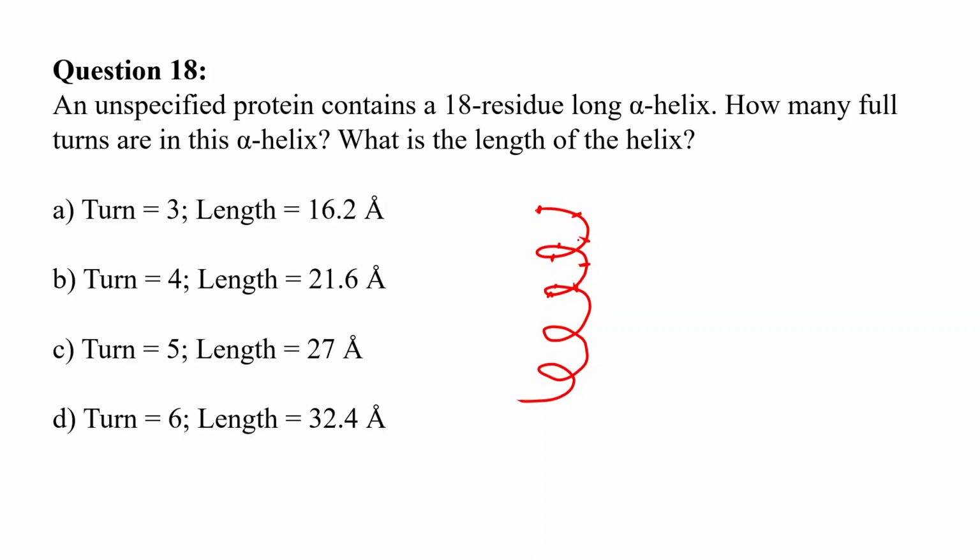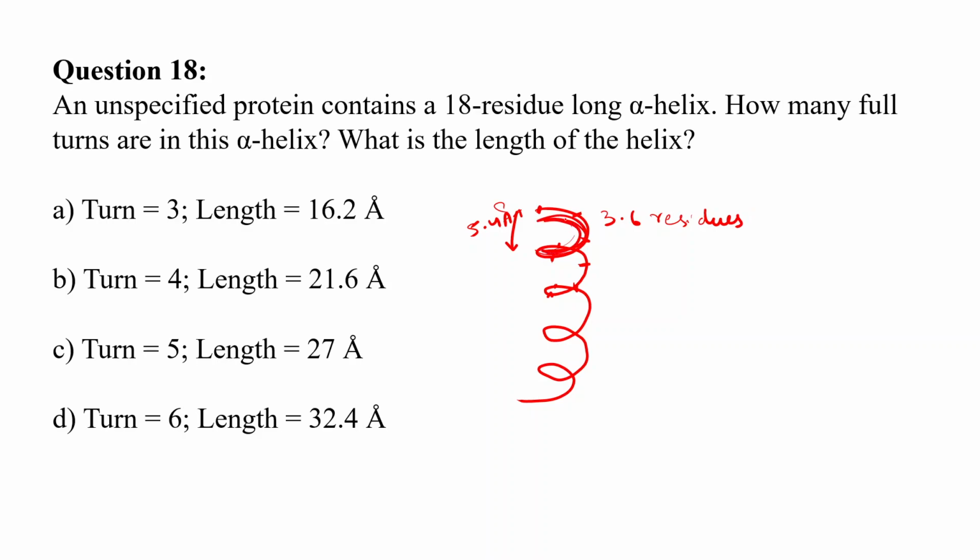So there is a definite value: 5.4 angstrom gives rise to one turn, and 3.6 residues actually contribute to one turn. Okay, so this is one turn.